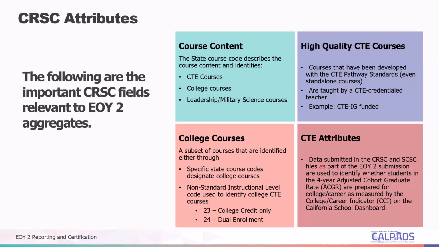And then for the CTE attributes, students reported to a CTE capstone course who are pathway completers will also be identified as a completer in your 4-year adjusted cohort graduation rate and will be included in calculations for the CCI on the California School Dashboard.